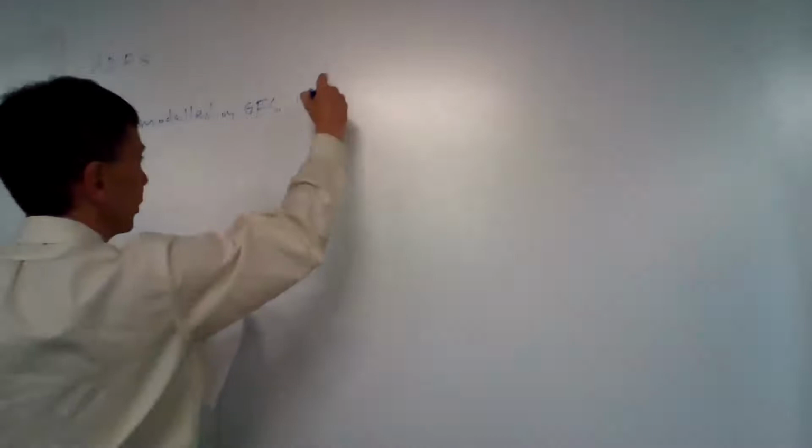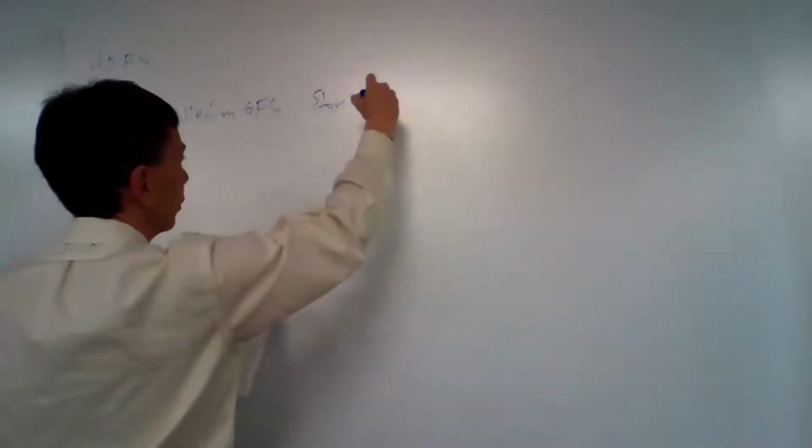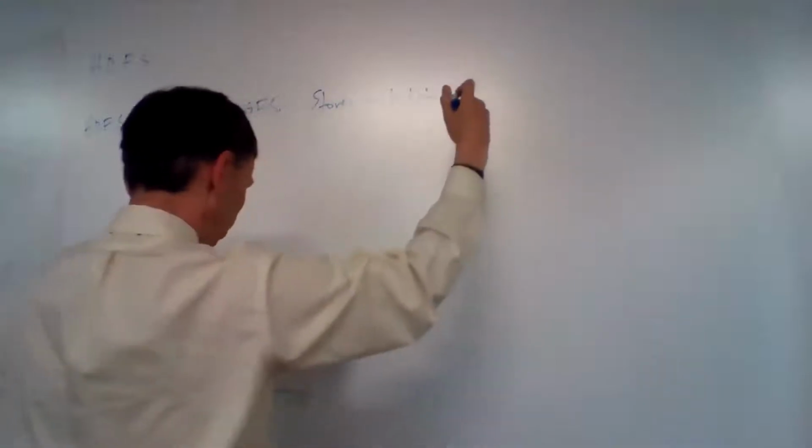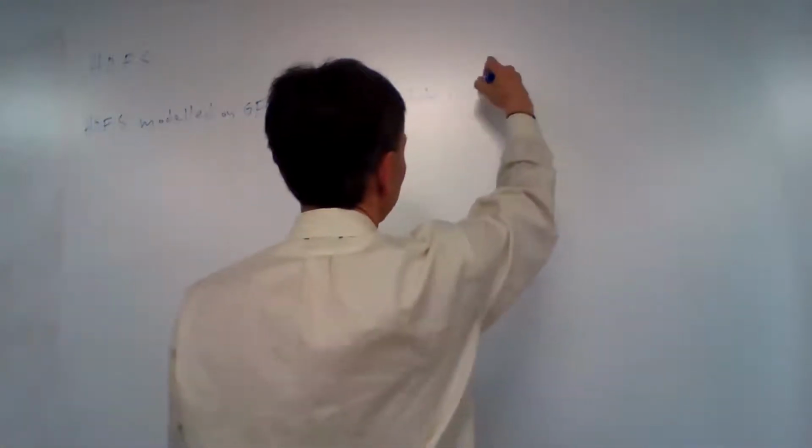So let me just spend a few minutes on HDFS. HDFS is basically the open source implementation of GFS. So HDFS is modeled on GFS. So much of the underlying structure of GFS is included in HDFS. So it stores metadata in what's called a name node.